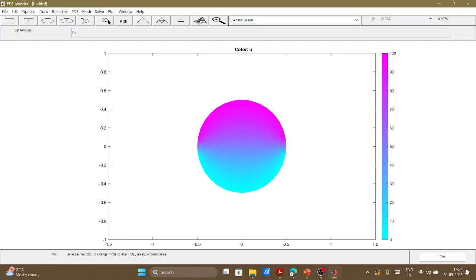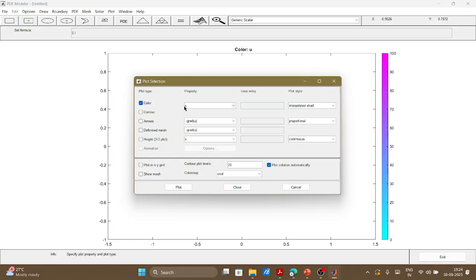Obviously it's intuitive that your top edge is at 100, bottom is at 0, so there will be heat transfer, and in between you will get the temperature gradient, right? Now here, in the plot parameters, if I want to see the directions, which will be the gradient of u, this is how it will look.